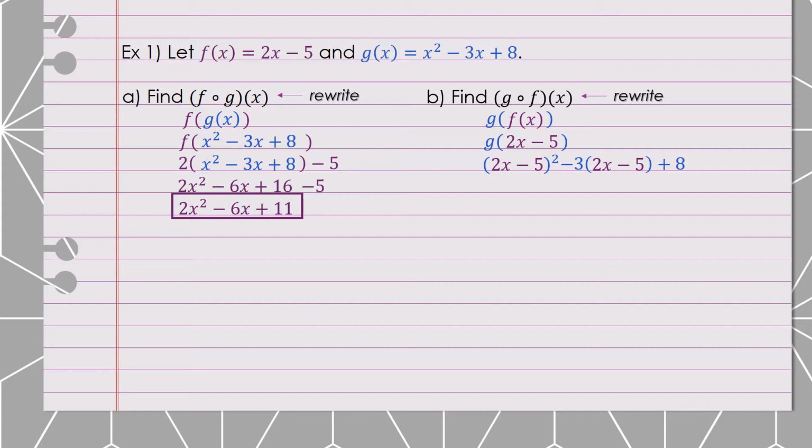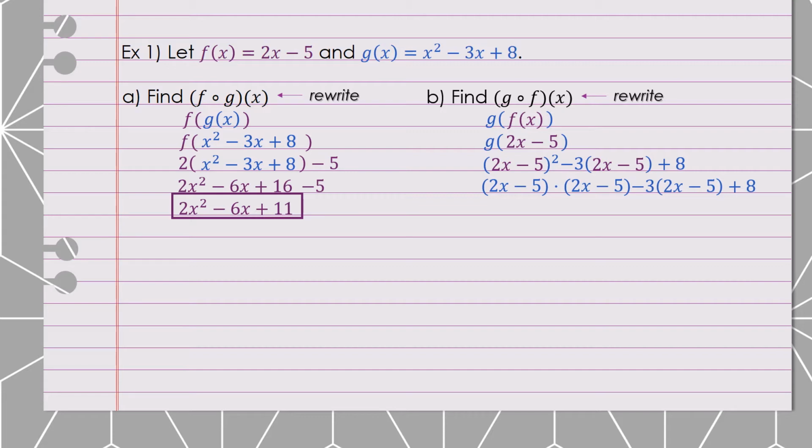From here, we now follow GEMS. There's nothing we can do inside the grouping. We do have exponents. Notice 2x minus 5 squared really means 2x minus 5 times 2x minus 5, and everything else stays the same.